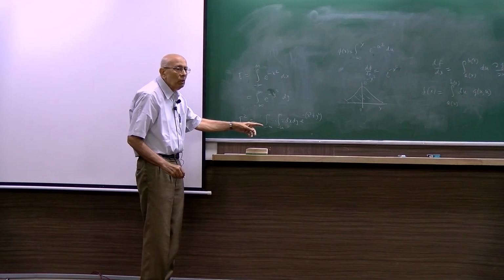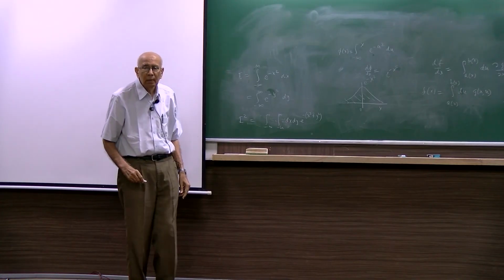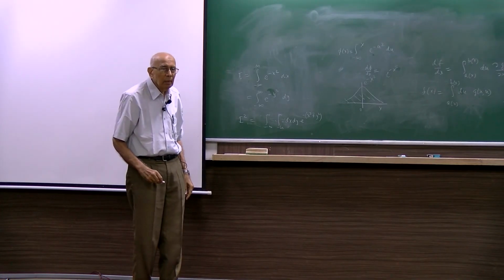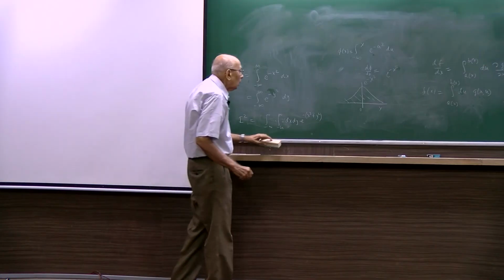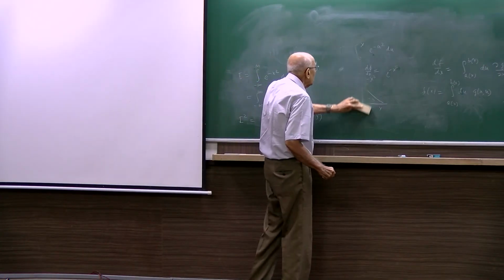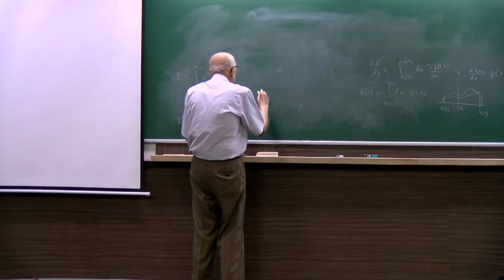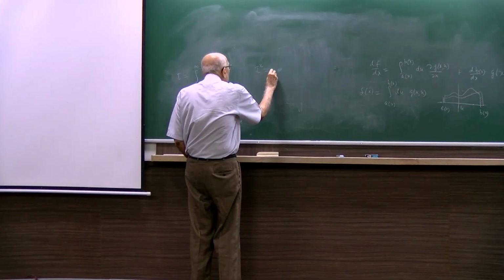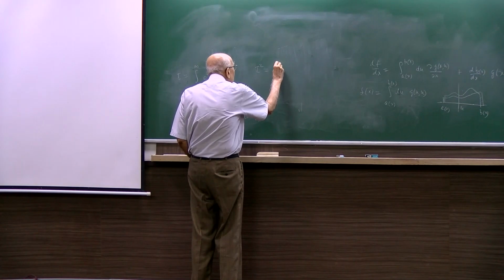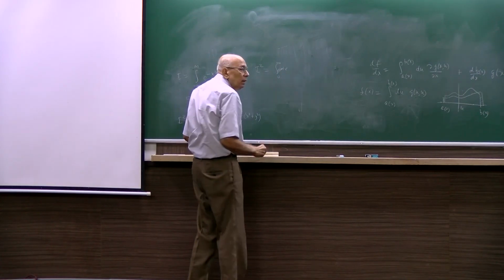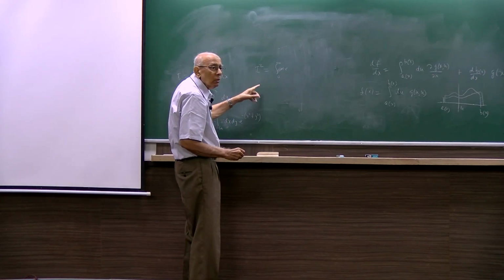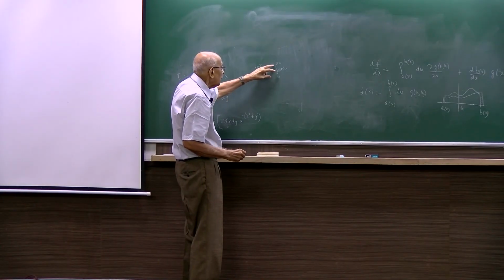Can I write this in polar coordinates? Yes. Look at what happens if I do that. I squared in polar coordinates becomes the integral from 0 to infinity dr. Let me write this dr right away next to the integral sign to remind myself that these are the limits of integration in r.